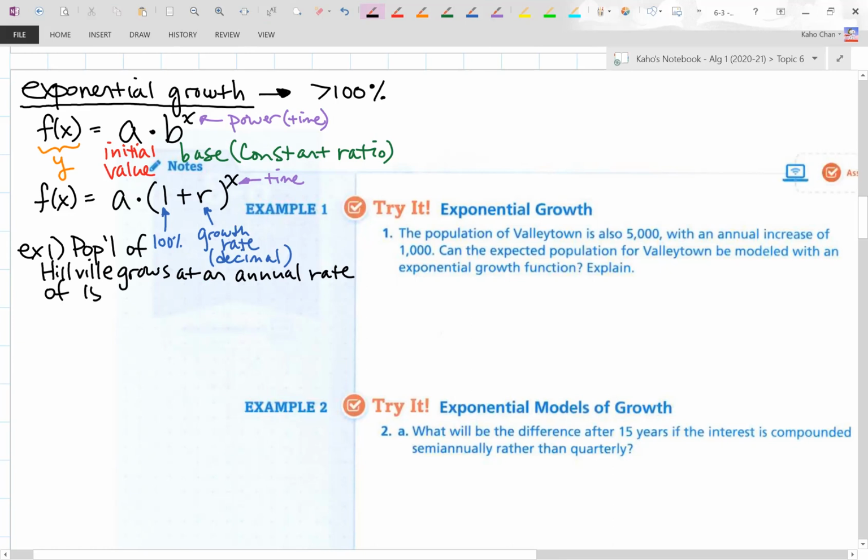That's pretty fast. What is the population after 5 years?